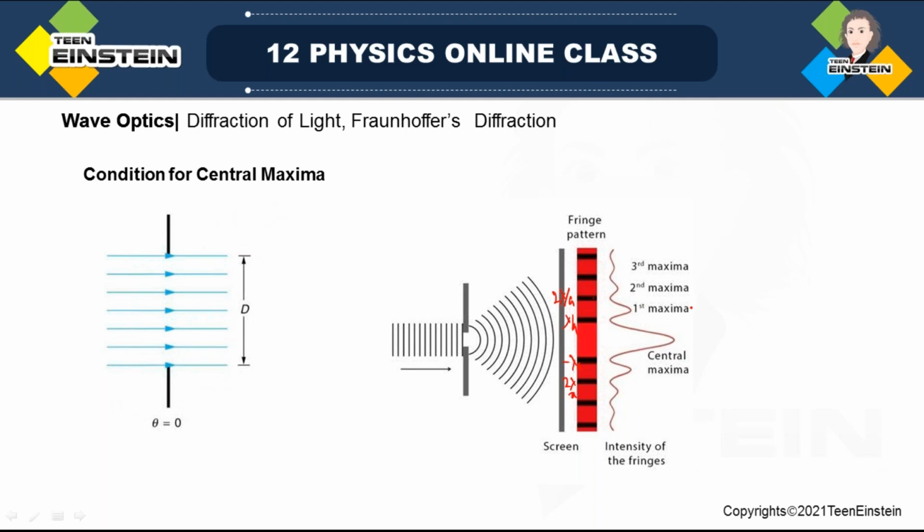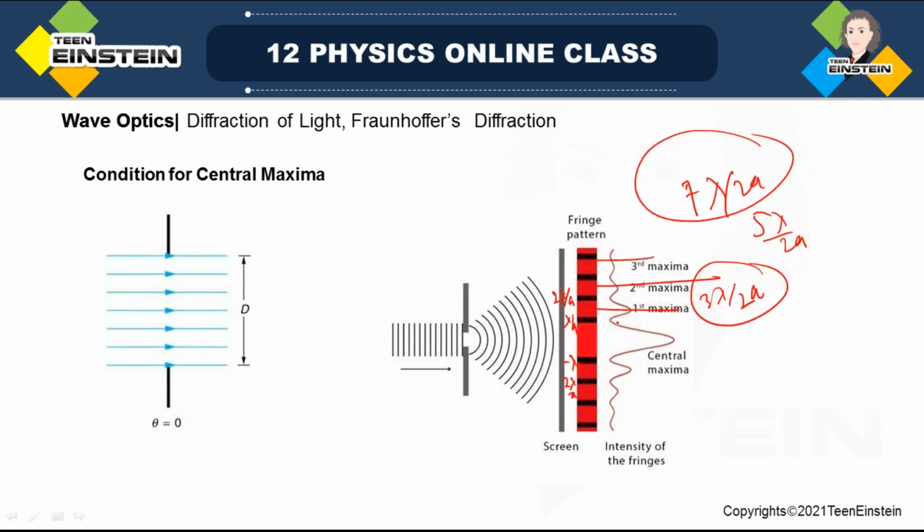The secondary maxima will be at 3 lambda by 2a, then 5 lambda by 2a, then 7 lambda by 2a. These are the angular positions.